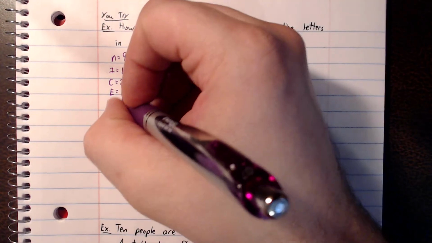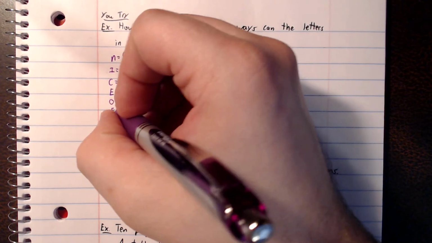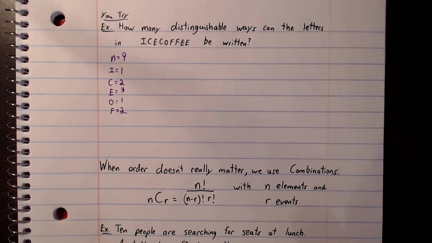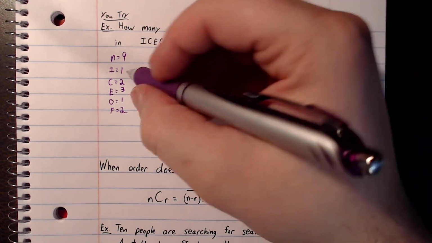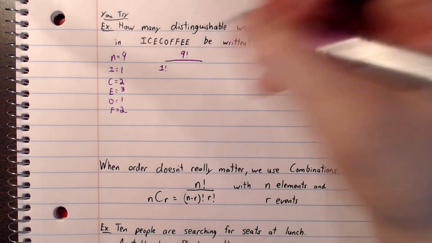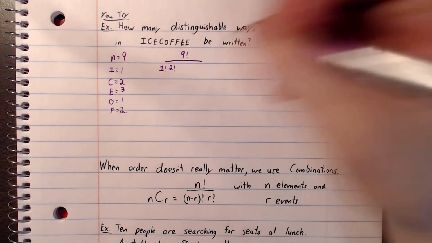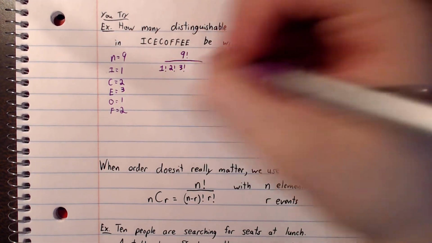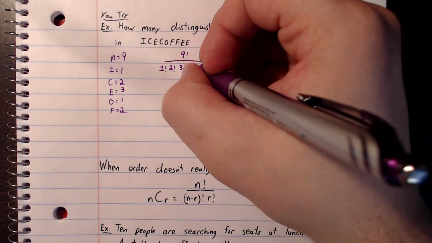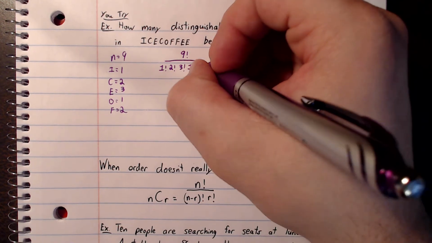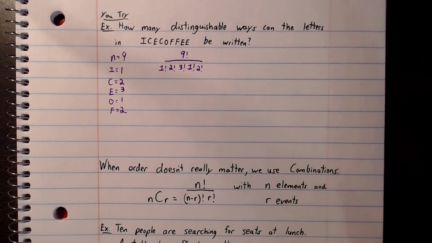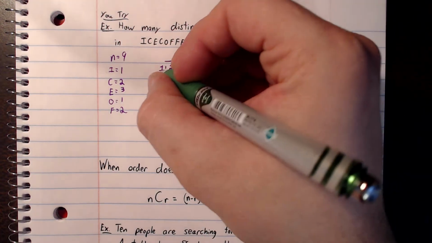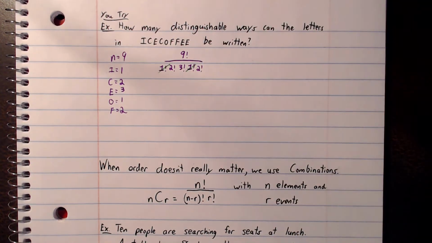Only one O and two F's. So we want 9 factorial divided by 1 factorial times 2 factorial times 3 factorial times 1 factorial times 2 factorial. Okay? Getting rid of some stuff that doesn't really help, the 1 factorials, those go.